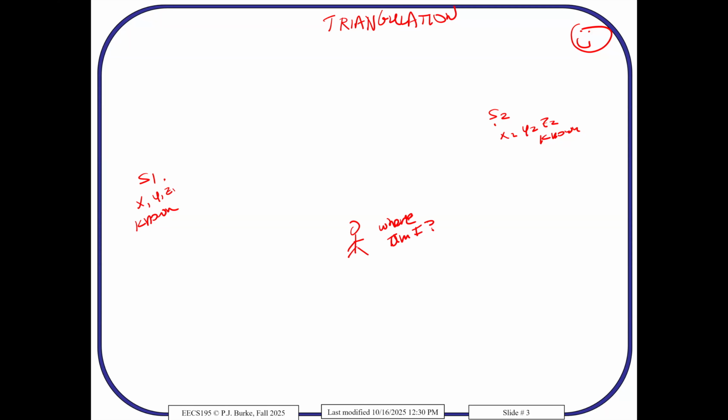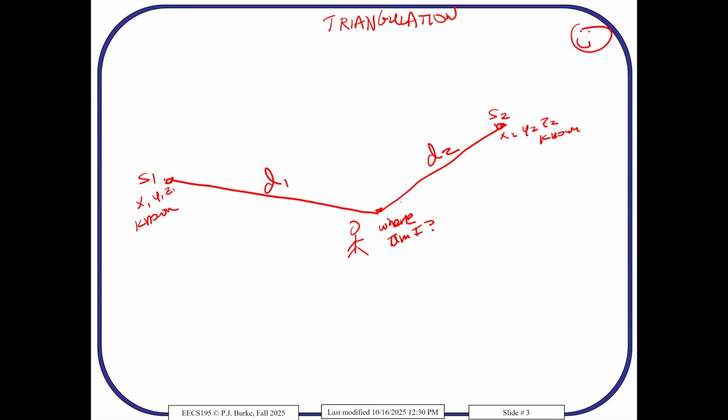So the principle of triangulation is if you can somehow ascertain the distance to satellite 2 and the distance to satellite 1, then on a plane you can uniquely determine your location.